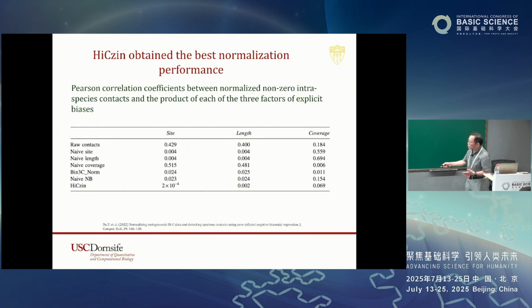If you just normalize by the number of sites, you cannot recover the coverage. Similarly, length, simple things will not work. This is another normalization from other groups, and you can see they are doing a decent job. The naive negative binomial is okay, but still you are not doing well at removing the bias for the coverage.